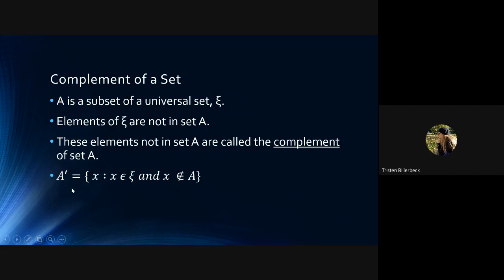The complement of A equals the set of all X such that X is an element of the universal set Xi, and X is not an element of A. That is a complement. I told you this is like Latin. It's a different language.